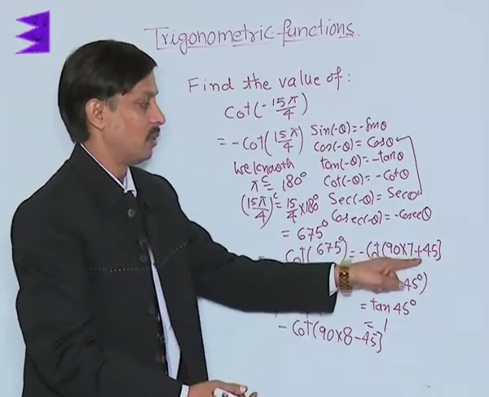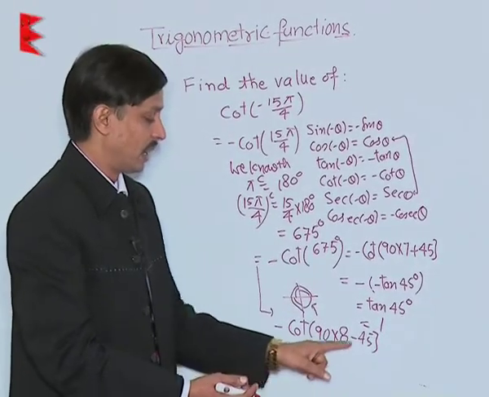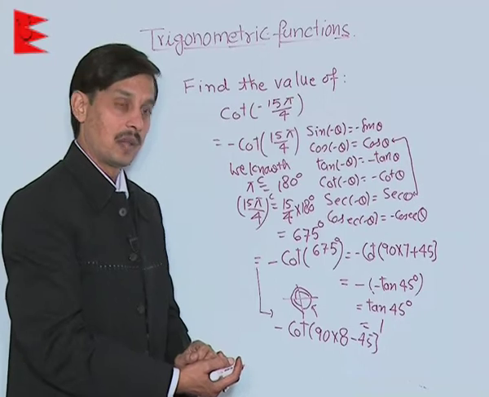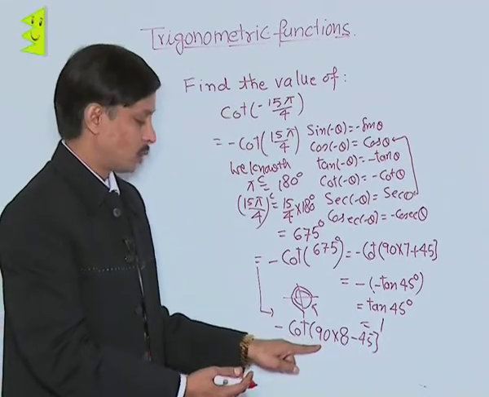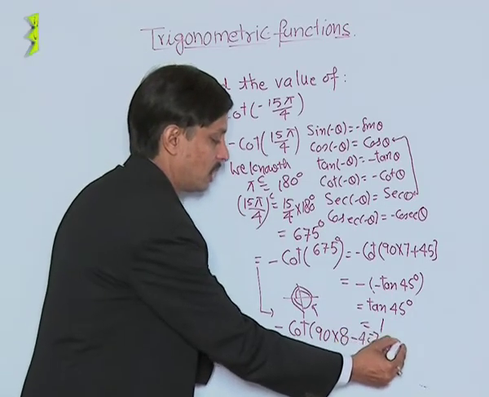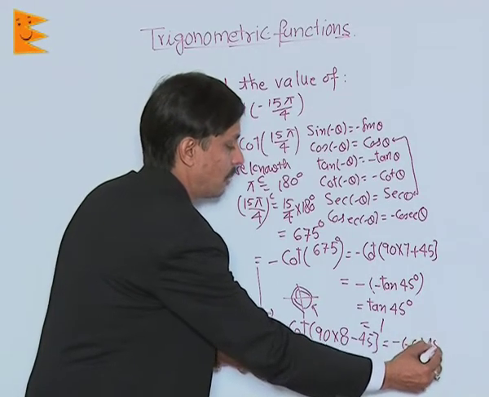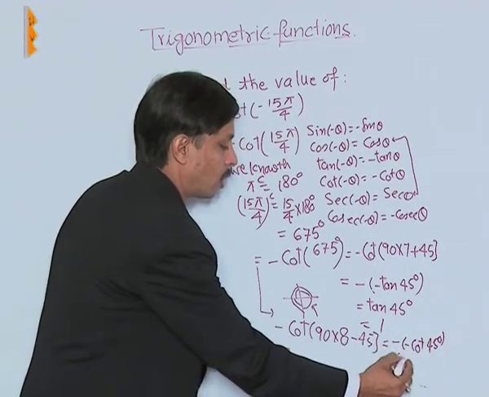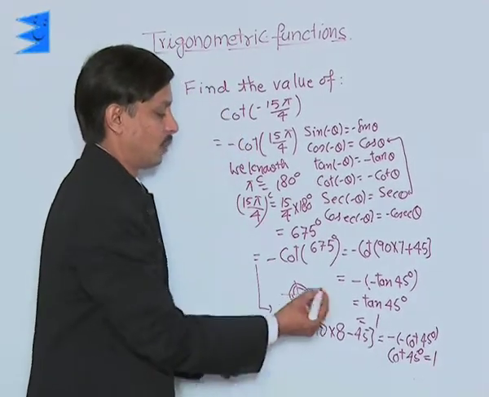In the case of 7, you multiplied, then added 45. Here you multiplied by 8 and subtracted 45. It is an even multiple of 90, so cot will not change. Cot will remain cot. This becomes minus of minus cot 45 degrees, which becomes cot of 45 degrees. The value of cot 45 is again 1.